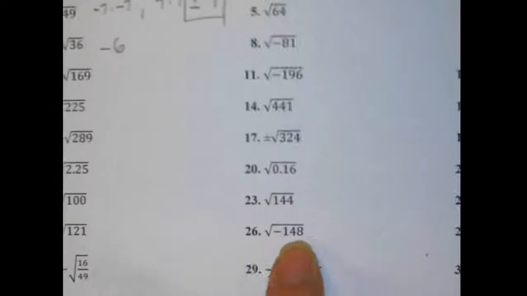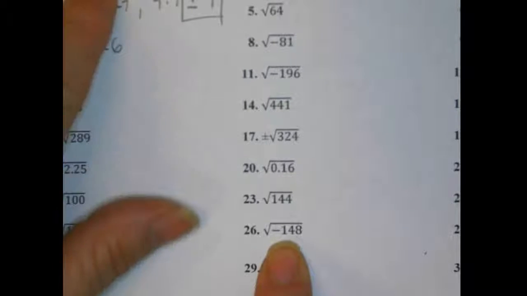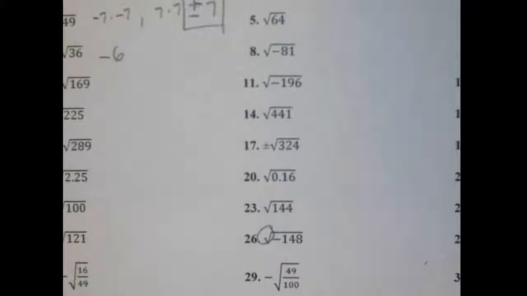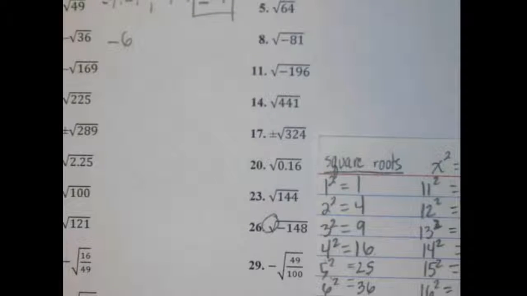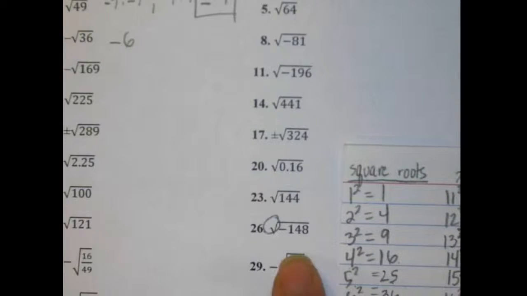So let's look at this one over here. It's asking me for the square root. If you notice, there's nothing here. There's no number. That's how I know it's a square root. Is there a square root of negative 148? No. I can probably do an approximate answer or an exact answer, but it's not a perfect square, right?